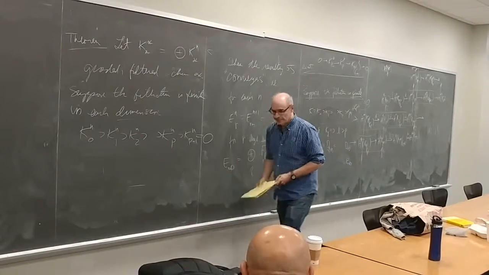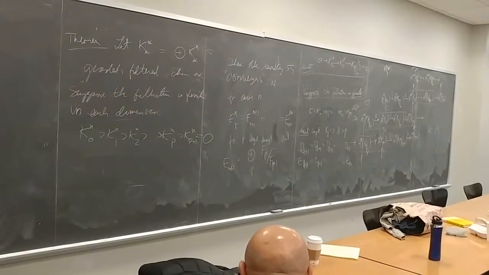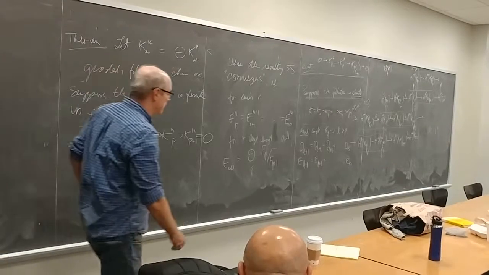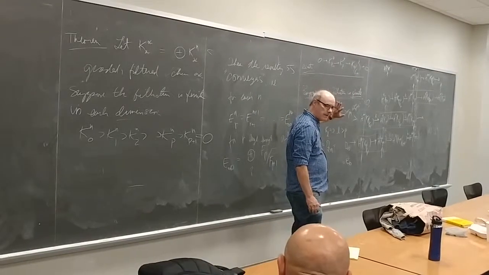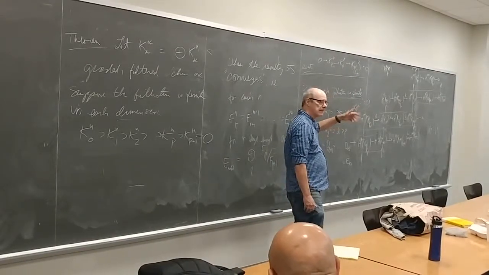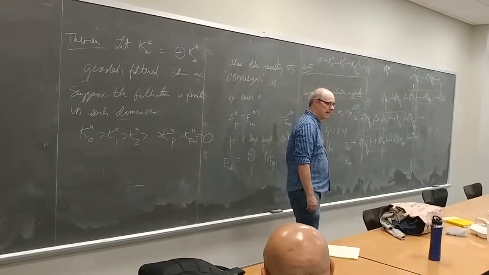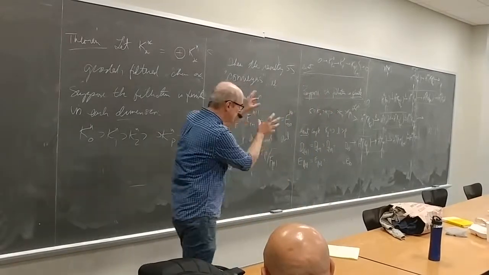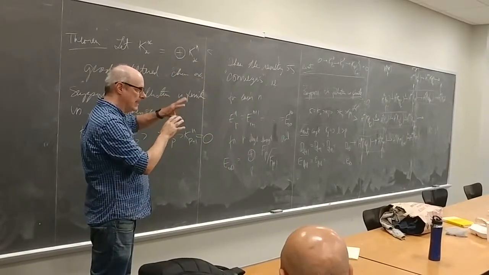Okay, so to prove this theorem, and I'm not going to go through the proof, all you're really doing is taking the argument that we sketched, a little hand wavy, for the convergence in the case of a finite filtration, and then chasing through the diagram and observing that you can apply that argument in each dimension.